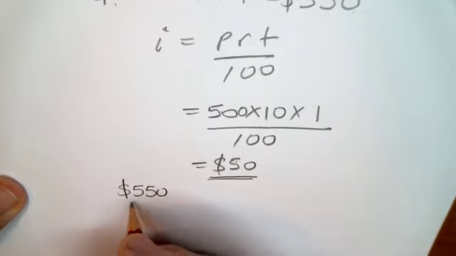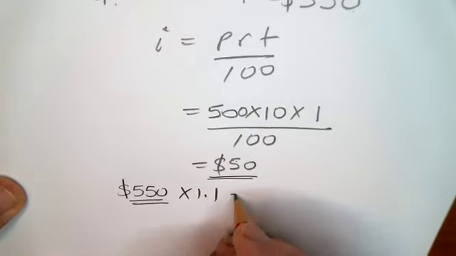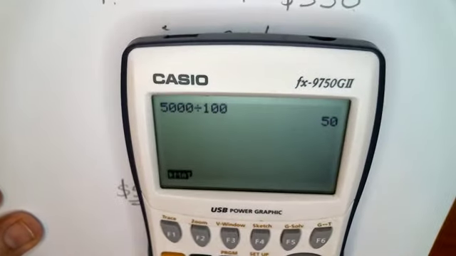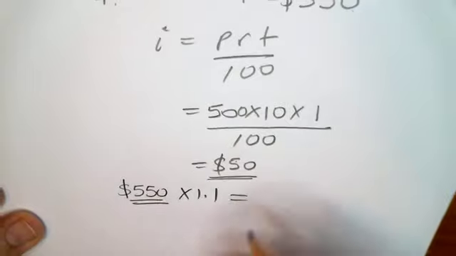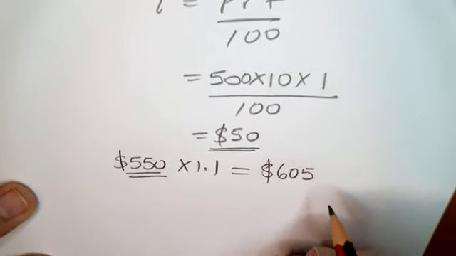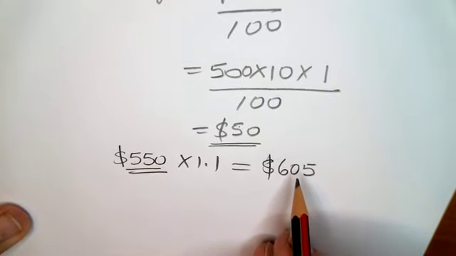The second year is 550. That's now the principal. And we're going to multiply that by 1.1. So let's have a look at 550 times 1.1. Two ways of doing it. So we've got 550 times 1.1, and we get 605. So the interest earned is the difference between what we had and what we've now got.